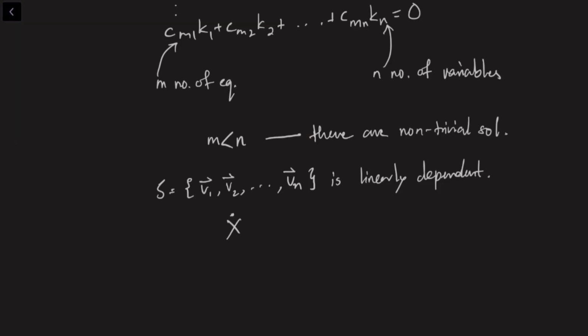And that contradicts with our assumption that S is a basis. So it proves that S prime does not span V. And that's it.